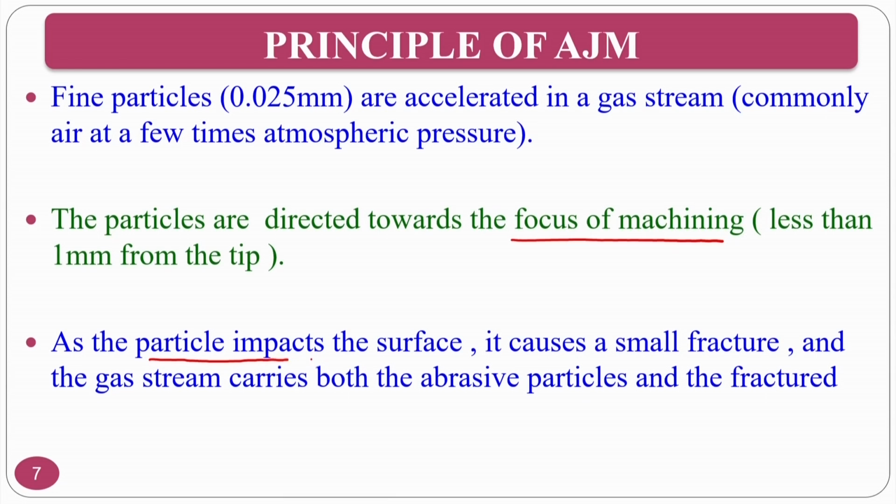If the particle impacts the surface with high velocity, this causes a small fracture, and the gas stream carries both the abrasive particle and the fractured particles away. This gas stream, which is the air, will carry both the abrasive particle and the fractured wear surface away. That means whenever you impinge, if it is a through cut, it will carry the debris as well as the abrasive particles.